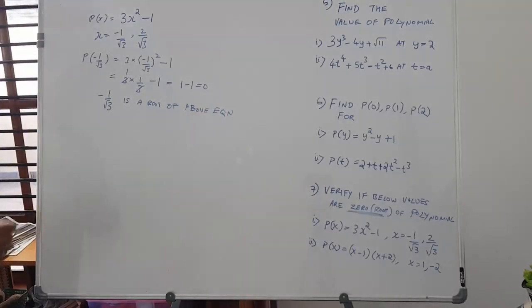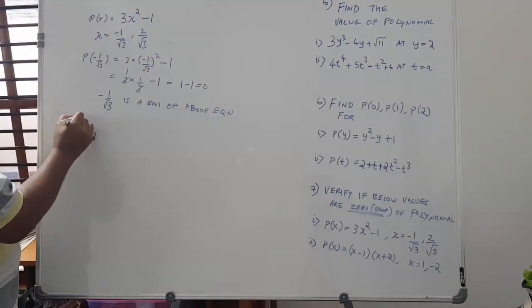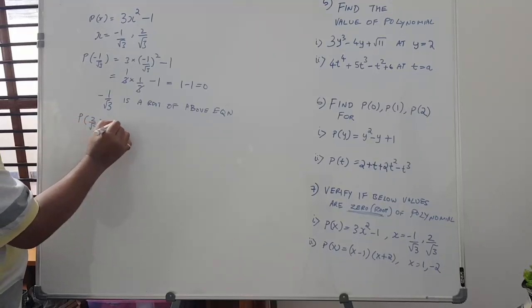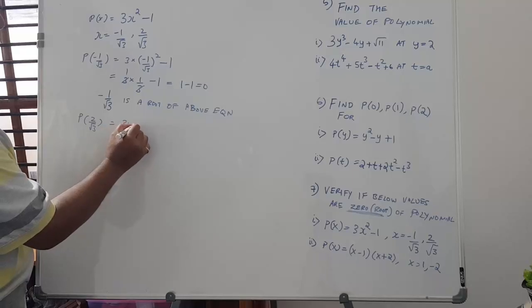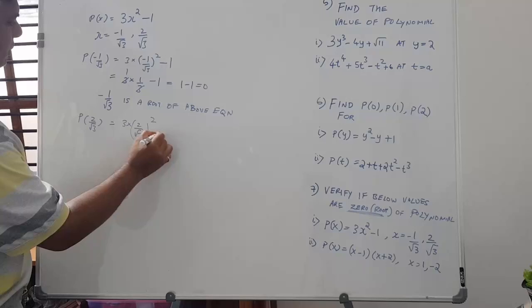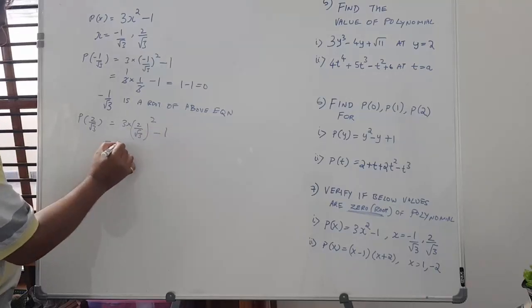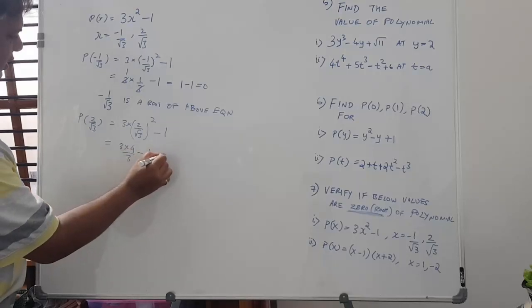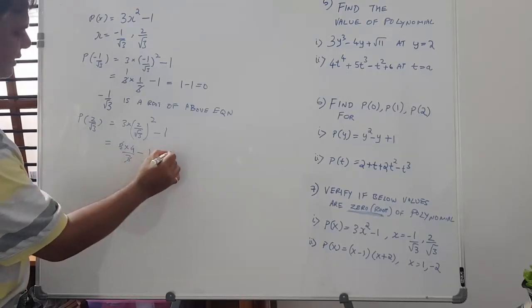Okay, so let's try 2 by root 3, see what happens. P of 2 by root 3, okay, is equal to 3 times 2 by root 3 whole squared minus 1, that is equal to 3 times 4 by 3 minus 1. So 3 and 3 cancel, I get 3.